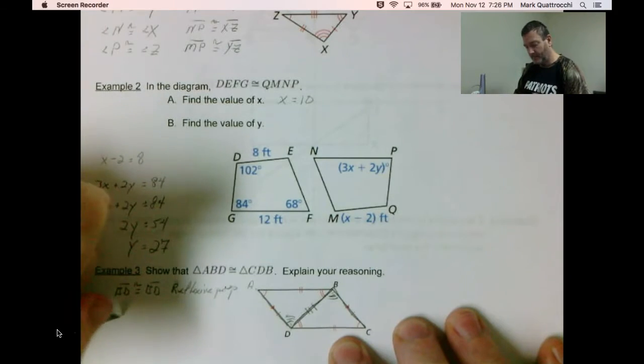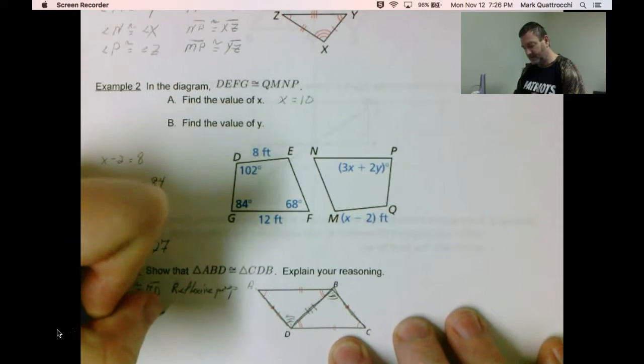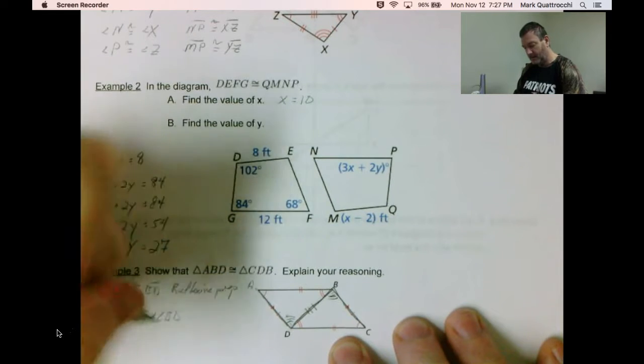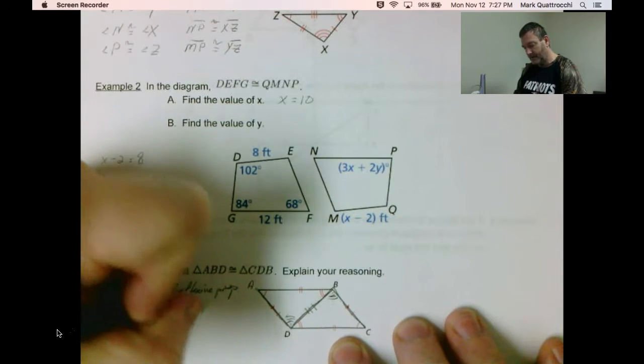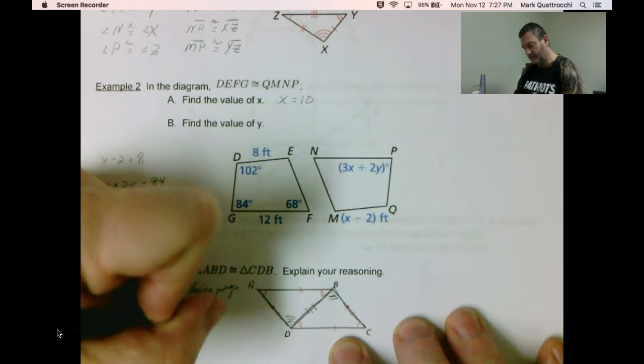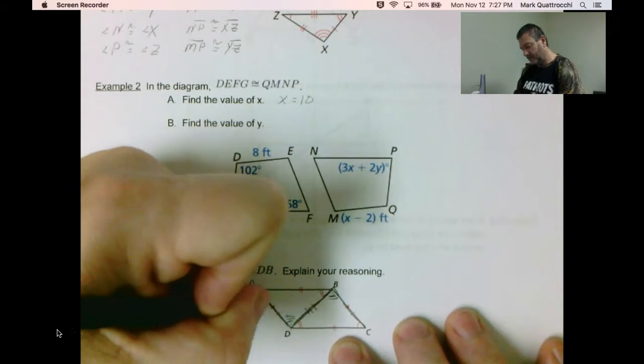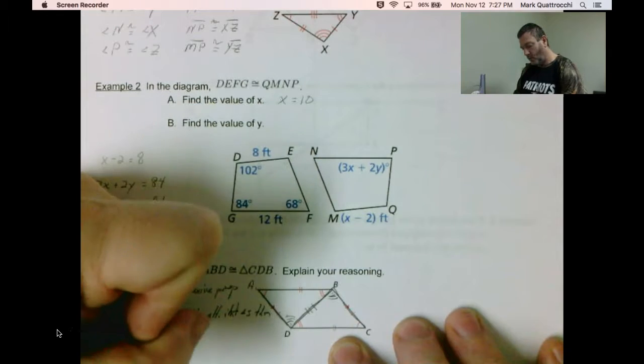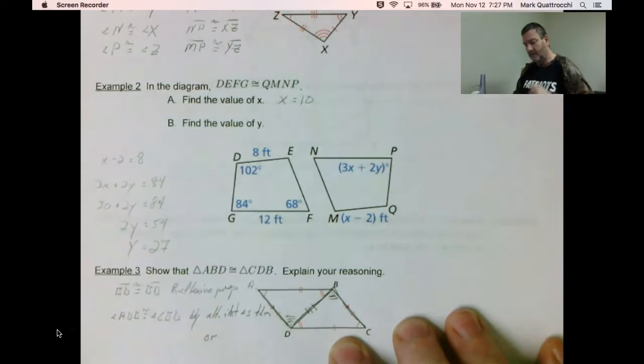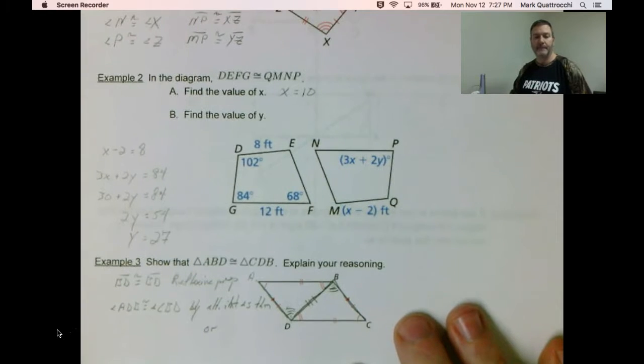So angle ADB congruent to angle CBD by alt-int angles theorem, or by the third angles theorem.